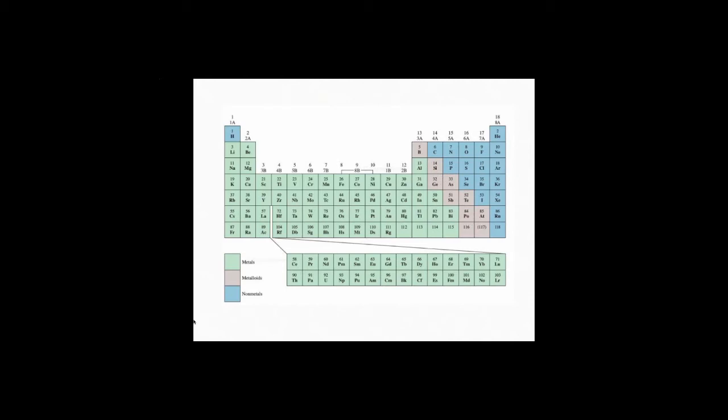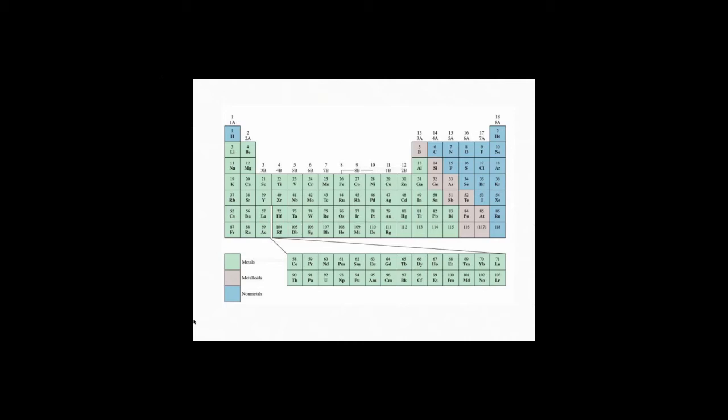These different types of elements have different types of properties. Metals tend to be conductive to electricity and heat, and they tend to lose electrons very easily to form positive ions, whereas nonmetals are not conductive to electricity or heat, and they tend to gain electrons to form negatively charged ions, which we'll talk about in a later slide.